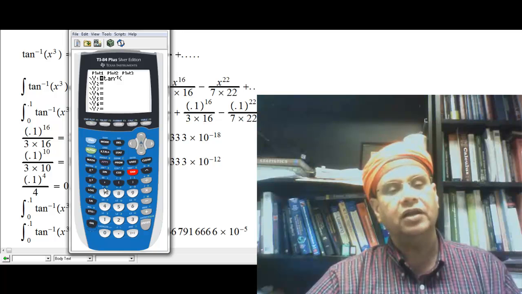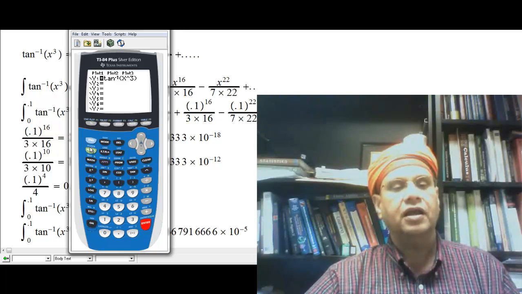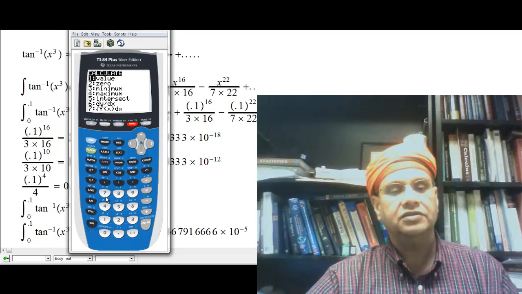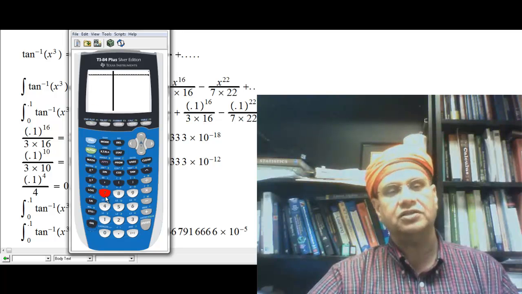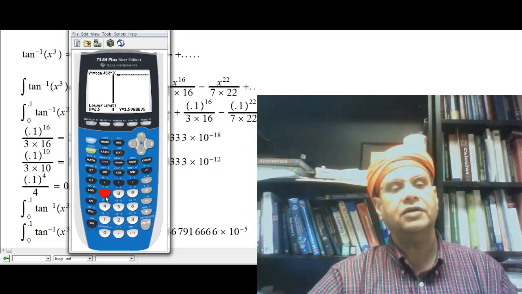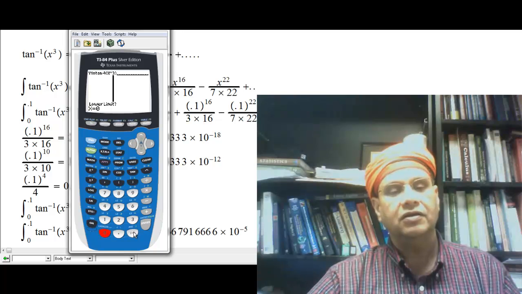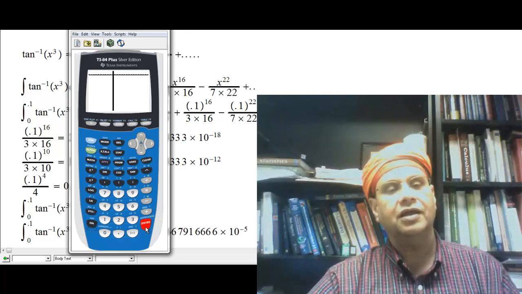So we are looking at tangent inverse of x cubed, right? Now this calculator will give you the definite integral right here. It asks you for the lower limit, which is 0, then the upper limit, which is 0.1.